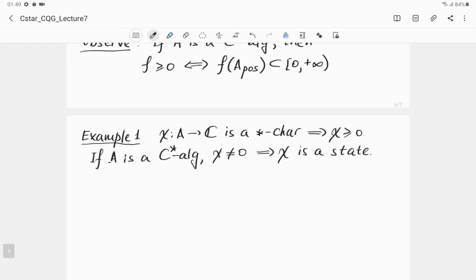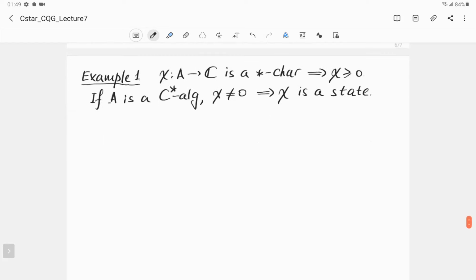One more example, which is purely commutative. Example 2. Let A be the algebra C0 of X, where X is a locally compact Hausdorff topological space.